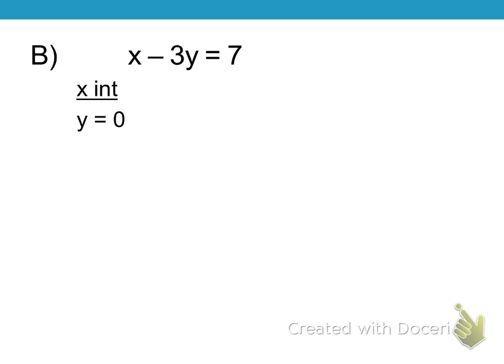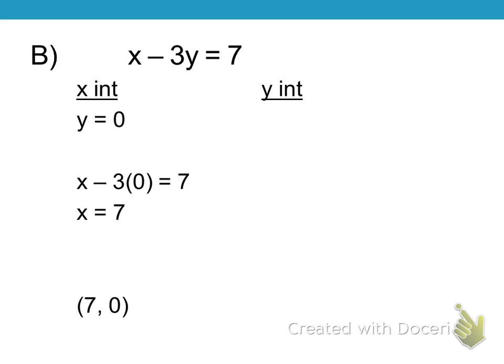Right? You sort of cover it up with your hand. What are you left with? x equals 7. That's already solved for you. You didn't have a coefficient with the x, so there's no dividing on this one. You're done. How does that look as an ordered pair? (7, 0). Good. Questions on the x-intercept?